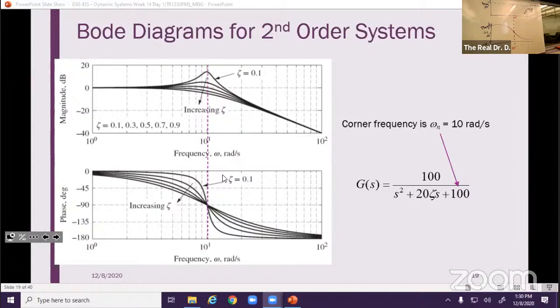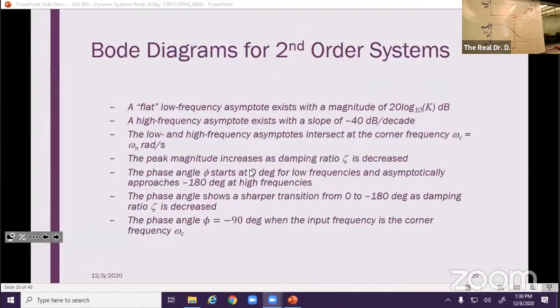We're going to talk more about some of the implications of this towards the end of the class as well. All right, so here are the rules again, just to recap. Flat low frequency asymptote in decibels at a decent gain.